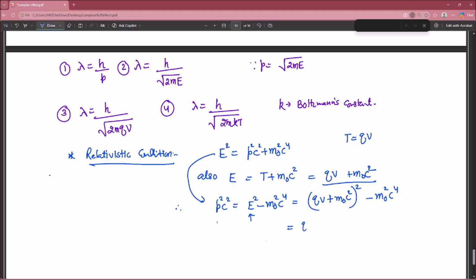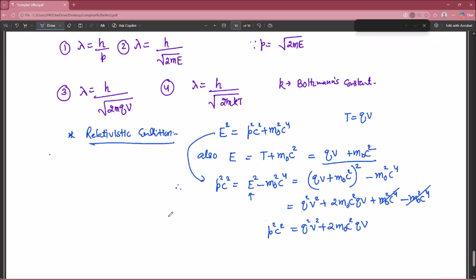After solving, that is q square V square plus 2 m naught c square qV plus m naught square c to the power 4 minus m naught square c to the power 4. Cancelling these two terms, we have q square V square plus 2 m naught c square qV. This is p square c square.